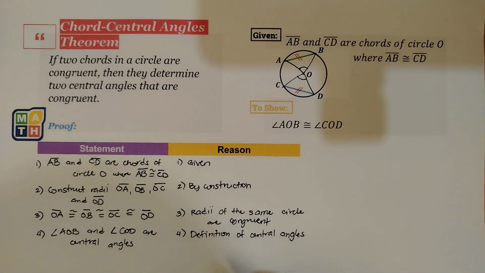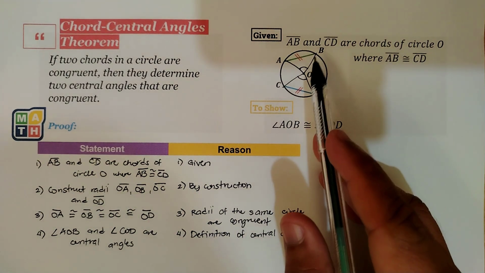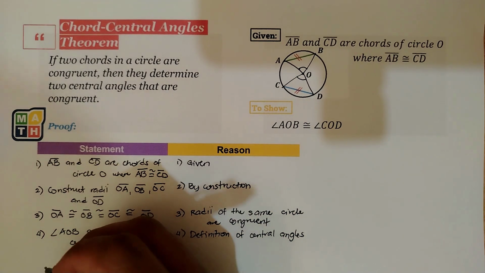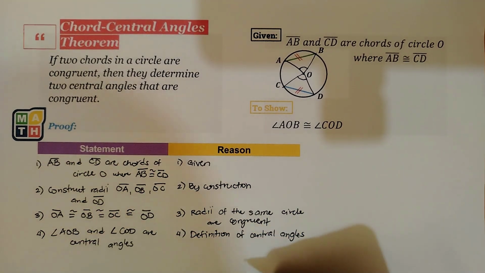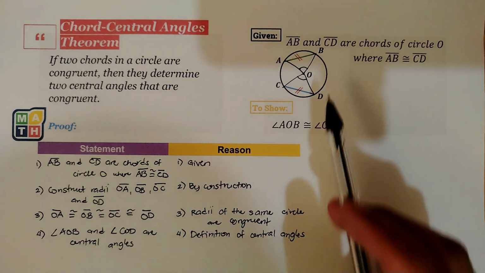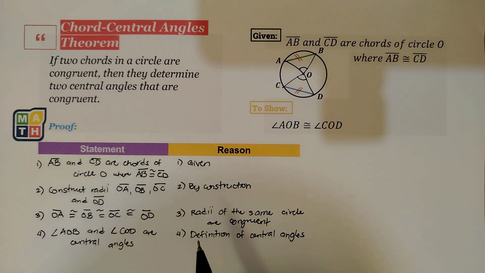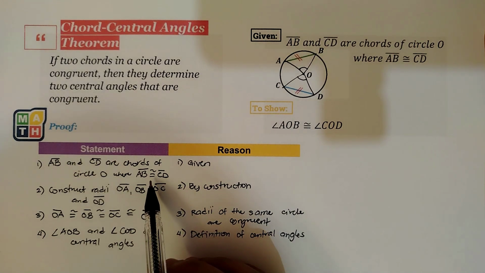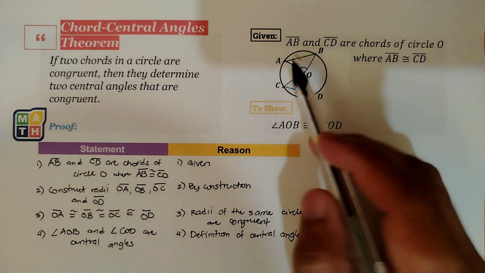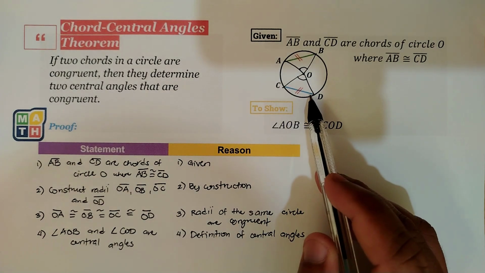Let us now proceed to showing the relationship of the two triangles here. Automatically we'll have a triangle there, but since we are trying to show this, how do we do this without introducing triangles? So we can establish here that for the first statement, this chord AB is congruent to chord CD.